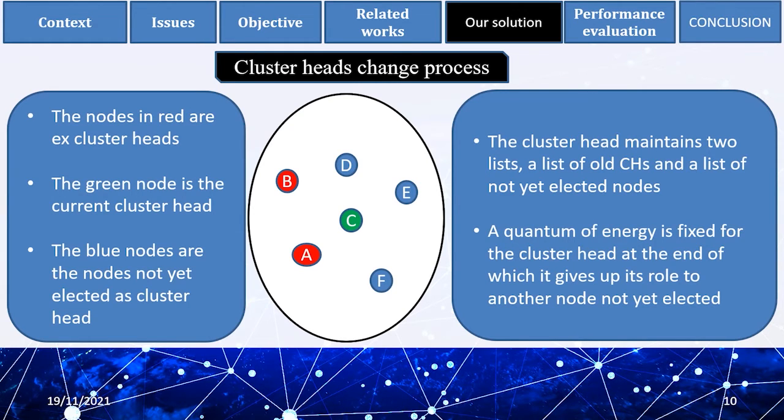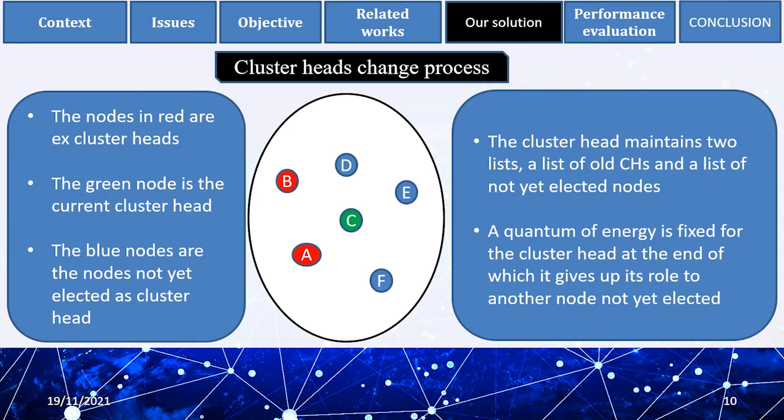Unlike LEACH-S, which averages the cluster energy and compares it with its residual energy, in our new approach to solve the instability problem in clusters, we define a quantum of energy that the CH node must exhaust before giving up its place to another node.